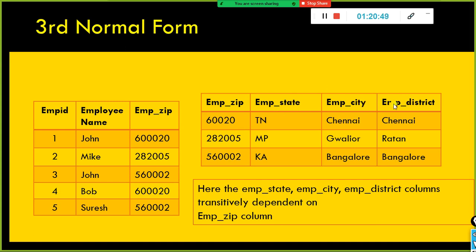These columns have non-unique values, so they are non-key columns, and even this is a non-key column, but all these three non-key columns depend on this non-key column.